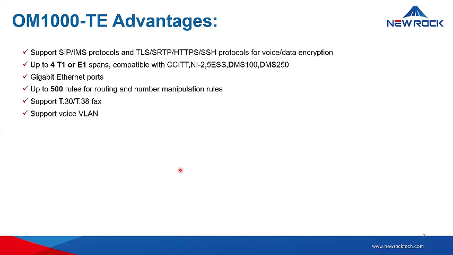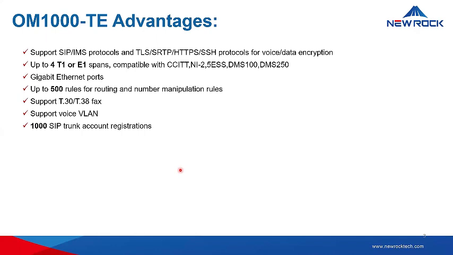The next is we support voice VLAN. This is to ensure the integrity of the voice traffic using the voice VLAN. Then we support 1,000 SIP trunk account registrations, so you can set 1,000 SIP trunks under the SIP register.